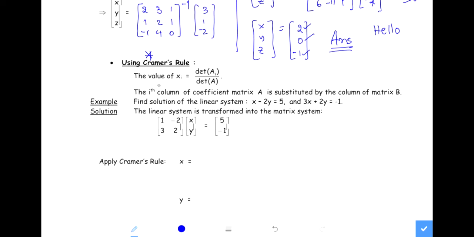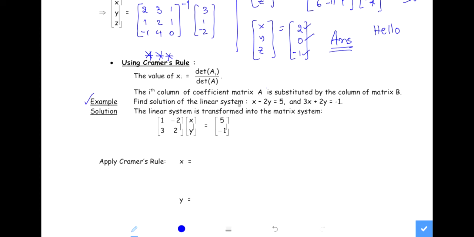So in solving any linear system, Cramer's rule is so useful, and you're just going to use it again. It's going to be about a determinant divided by another determinant, right? And I will just tell you what is A_i, what is det A. Okay, let's see this from this example.